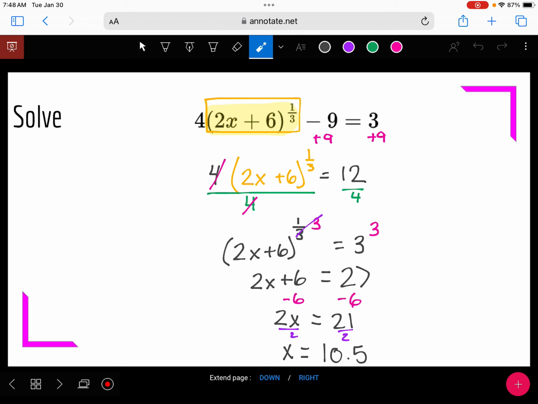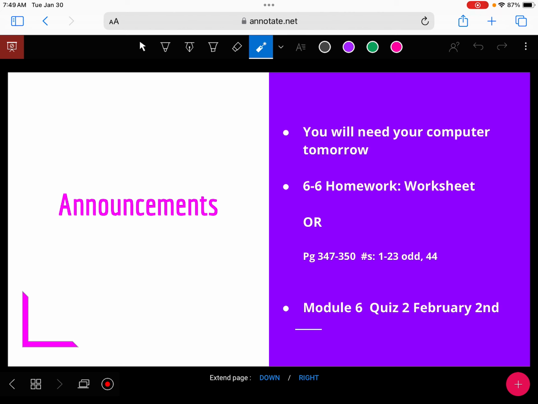Okay, so the solving stuff, it just takes a little bit of getting used to, but it's not super different than the way we've solved previous chapters. Okay, so I'm going to pass out a homework for solving. This is our last homework of the chapter. Tomorrow you're going to want your computers, not a super ton, but we're going to do a little bit of graphing on the computer, just so we don't have to spend like 3 hours graphing stuff.